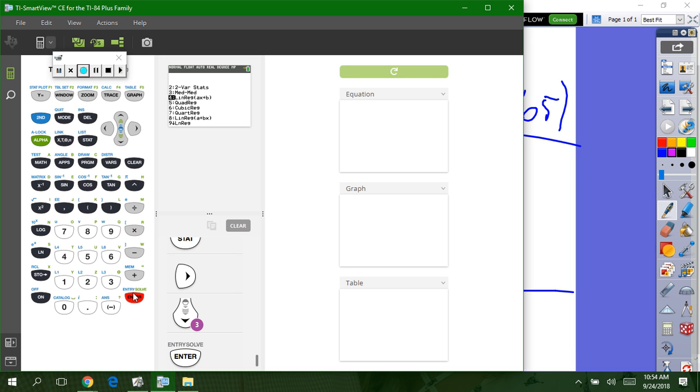It just goes back to your main screen, right? If you have a TI-83 and you have L1 and L2, you can just hit enter.